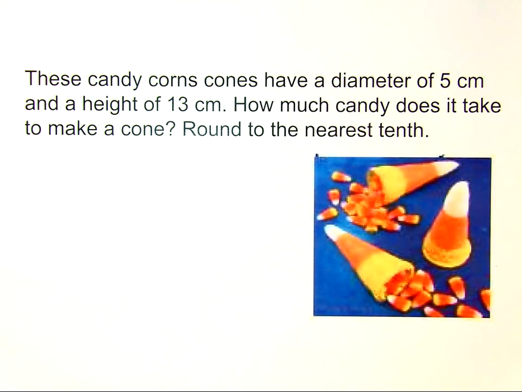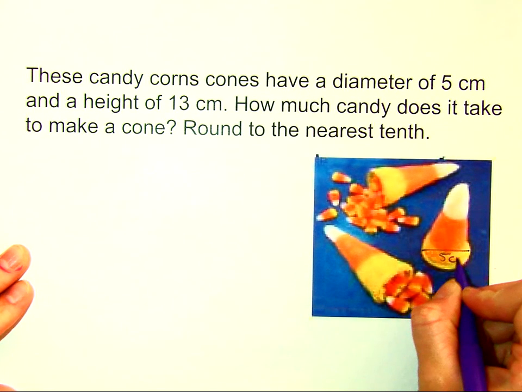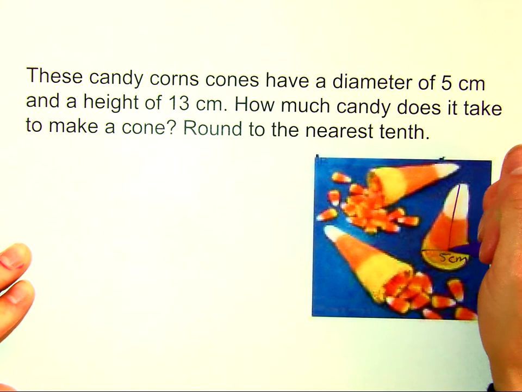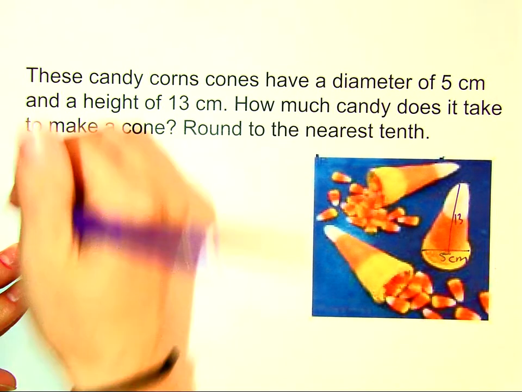All right, last one. Why don't you pause this one and give it a try? Okay, candy corns have a diameter of 5 centimeters, height of 13 centimeters. How much candy does it hold? So we are actually finding the volume here.